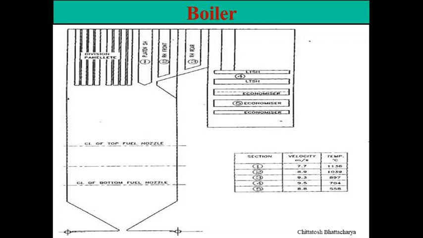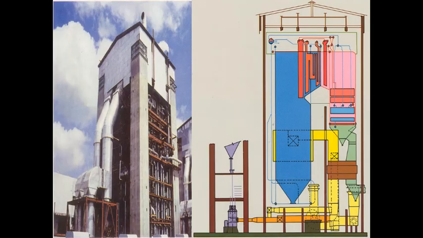And if bigger boilers are there, you will find reheaters also. The cold reheat line takes in the steam and gets it reheated, and the resuperheated steam is taken back to the intermediate pressure turbine.